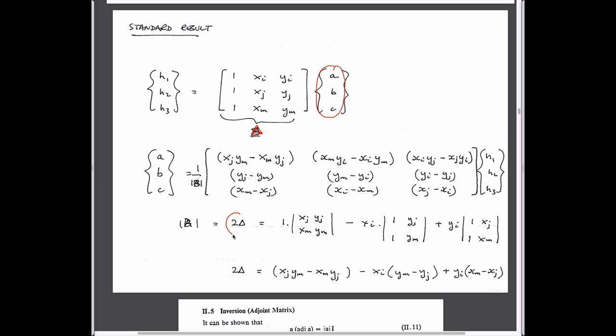And 1 over 2 times the determinant is equal to this times these two, which is this, and then the other term, minus this times this and this, which is these two terms, which exist here.